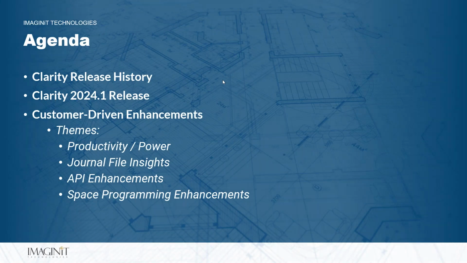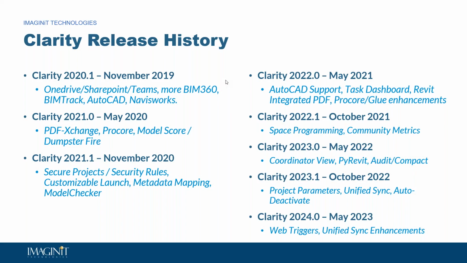So diving in, the Clarity release history. We've continued to have our 2 releases per year cadence. Going back, I'm not sure how far, I suspect it's all the way back since Clarity was introduced in 2011.